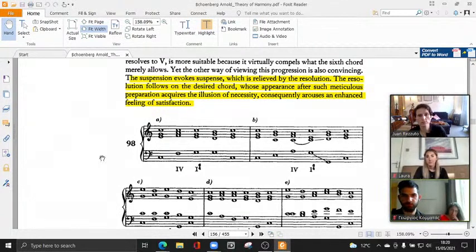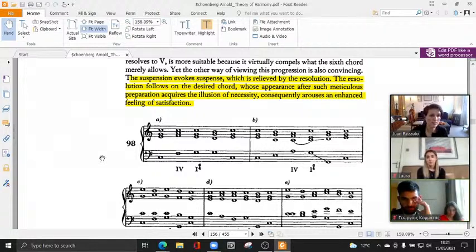The resolution follows on the desired chord, whose appearance after such meticulous preparation acquires the illusion of necessity, consequently arousing an enhanced feeling of satisfaction. I really like this definition.